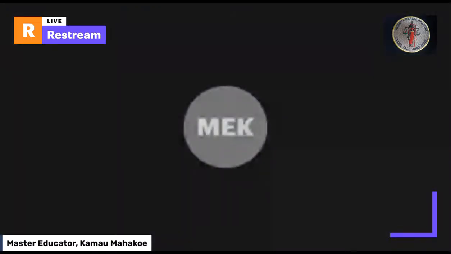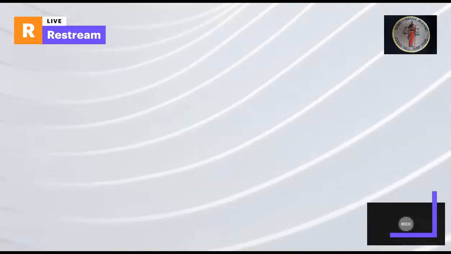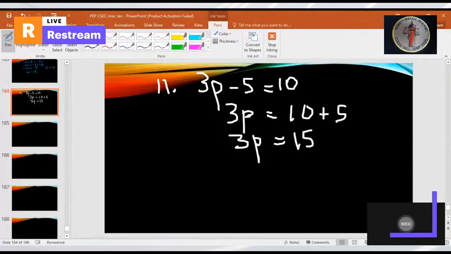is equal to 15. And now, to remove the 3 from the left, I'm multiplying 3 and p, so I'm going to divide by 3. So p would now be 15 divided by 3, and that's 5. Okay, 15 divided by 3.